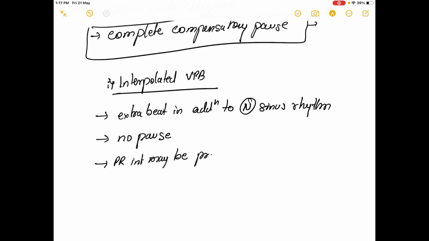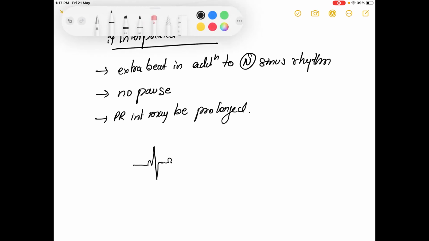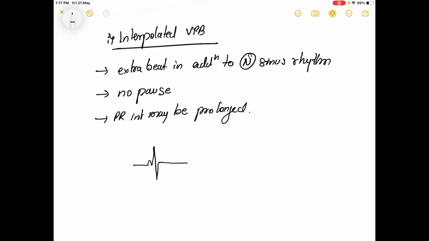So this would be something like this. Here, this is the interpolated beat.